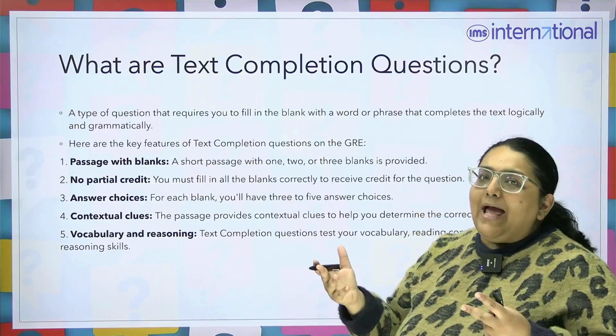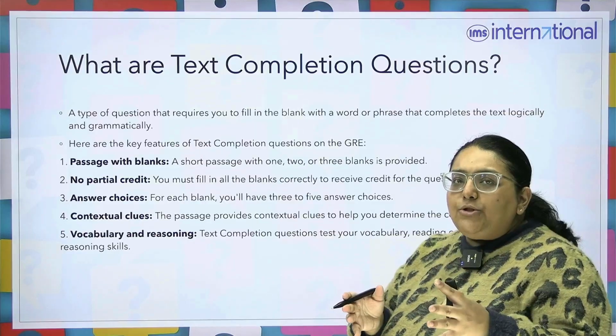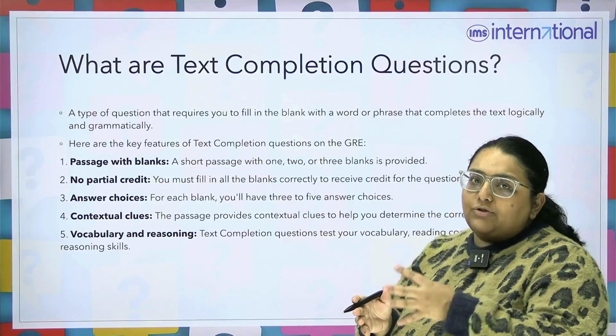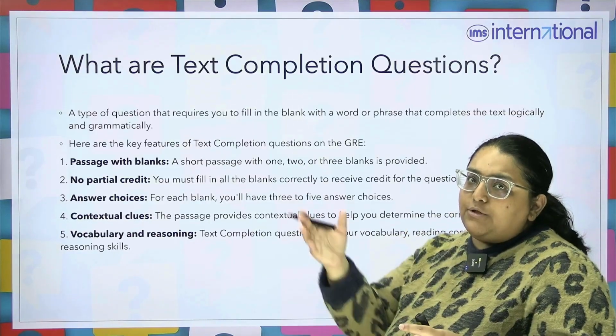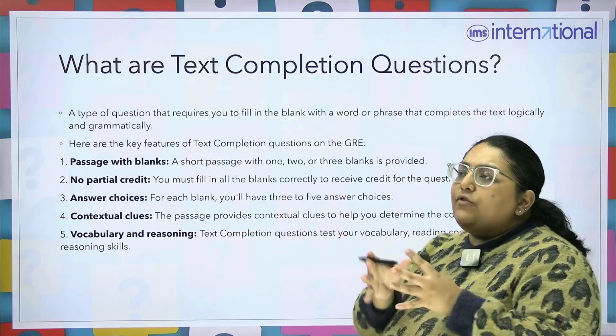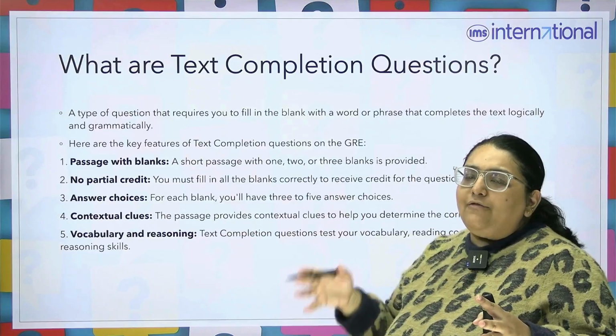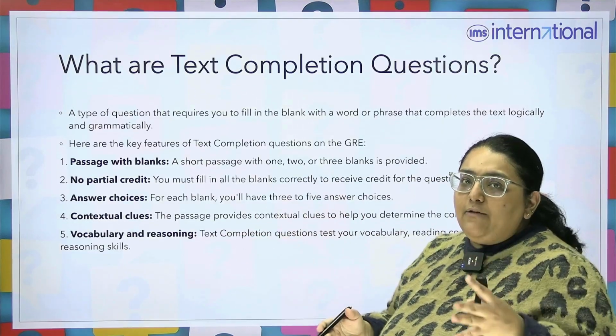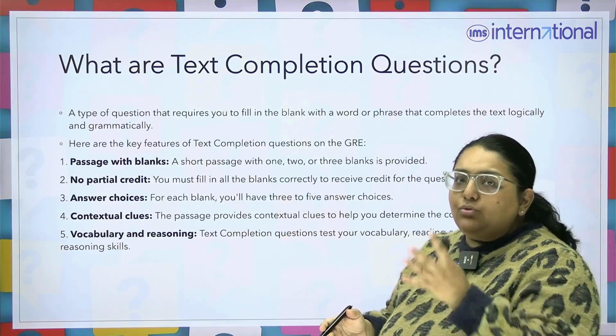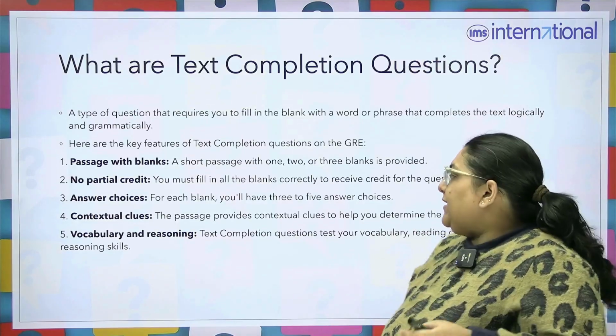When you have 2 blanks, you are going to have 3 options per blank, so 3 options for blank 1 and 3 options for blank 2. Similarly, for a 3 blank question, you are going to have 9 options, 3 for blank 1, 3 for blank 2 and 3 for blank 3.